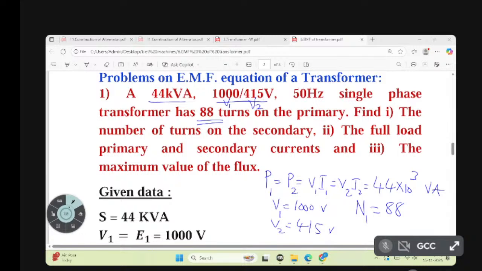Do we know V2? 415. V1 is 1000. So 415 by 1000 is equal to N2 by N1. N2 is given or N1 is given? Primary N1 is given, so you find N2. N2 is equal to V2 by V1 into N1.